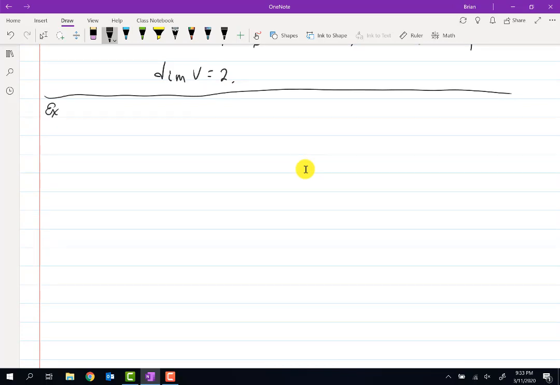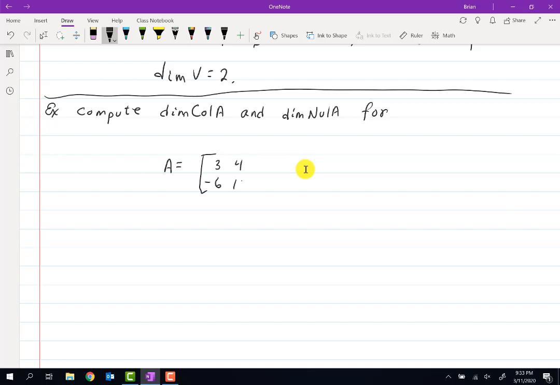Next, I want to compute dim col A and dim null A for the following matrix. A equals (3, 4, negative 6, 10).